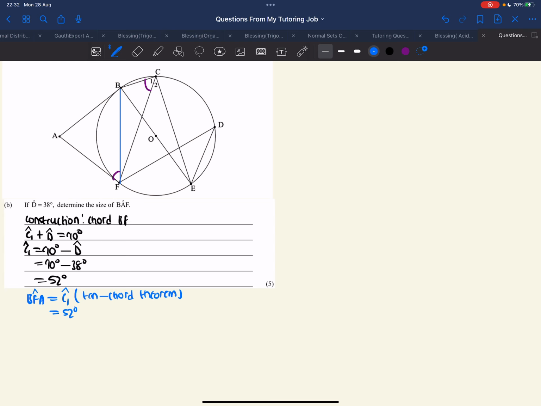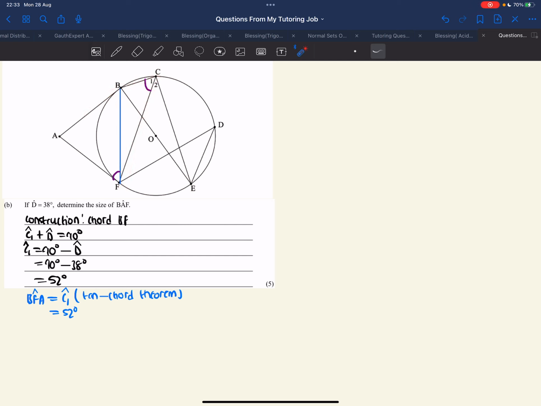And then also, can you see that if you look at the angle ABF, angle ABF is also going to be equal to angle C1, because you look at it from here, going there, and then going there, and then coming back there. So we move from this point, go to that point, and come over there.